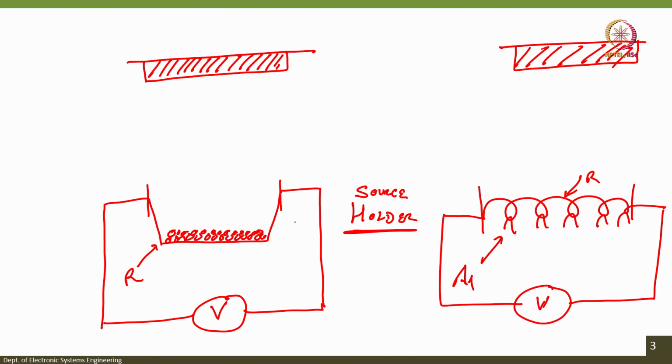When current passes through, there is I squared R heating. I squared R is called Joule heating, right. Because of the Joule heating, the material loaded onto the boat will melt, and finally after melting it will start evaporating.